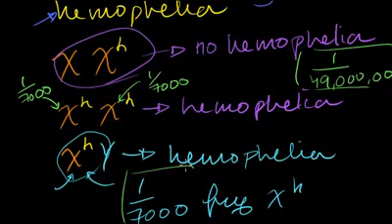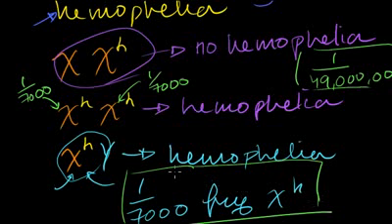And in general, for any sex-linked trait, if it's a recessive sex-linked trait, which means men, if they have it, they're going to show it because they don't have another X chromosome to dominate it. Or for a woman to show it, she'd have to have both versions of it.